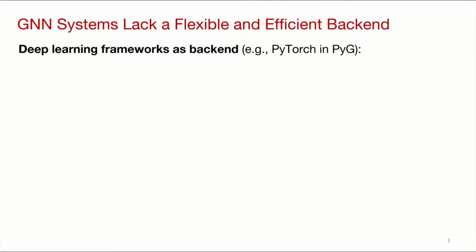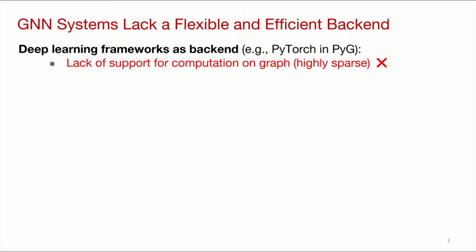On top of the tensor abstraction of the deep learning frameworks, the GNN system provides a graph abstraction to make programming easier. However, in the backend, we still rely on deep learning frameworks to do the computation. As we know, deep learning frameworks optimize for computation of dense tensors, and they don't have sufficient support for graph computation, which is highly sparse. I will talk about the sparse nature of graph computation in more detail later.